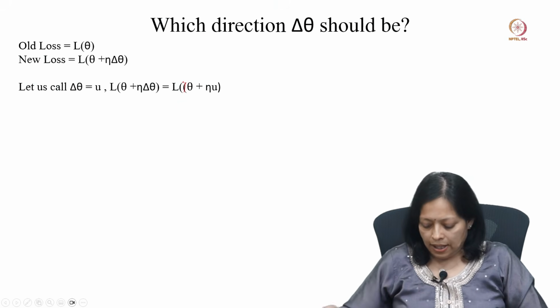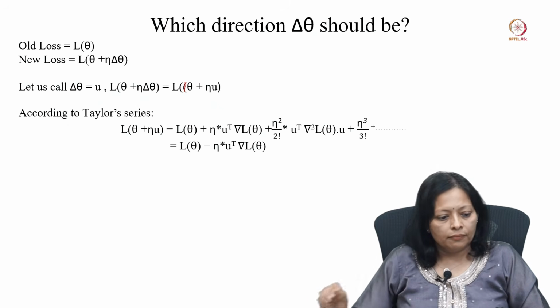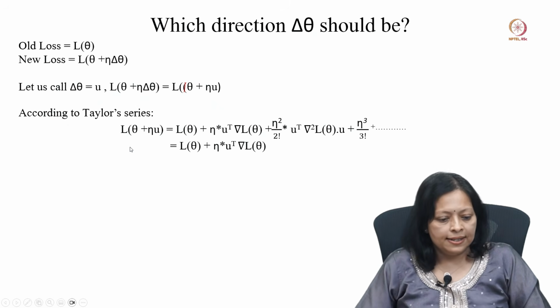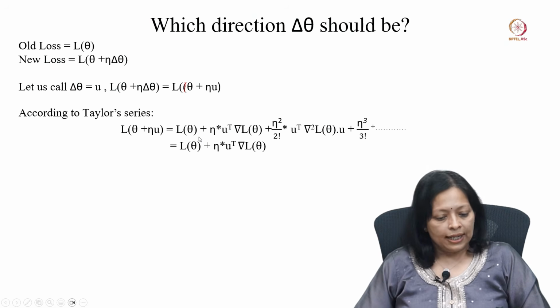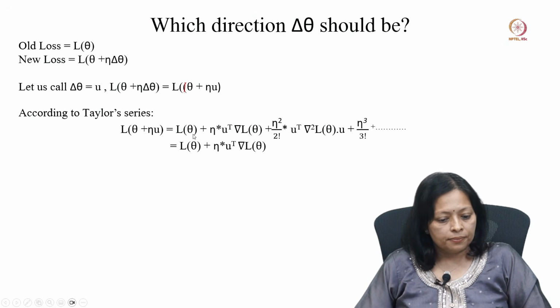Now, according to Taylor's series, if we have a function like L, which is a function of theta plus eta u, that can be written as a series like this, which is equal to L of theta plus eta into u transpose. What is my u?